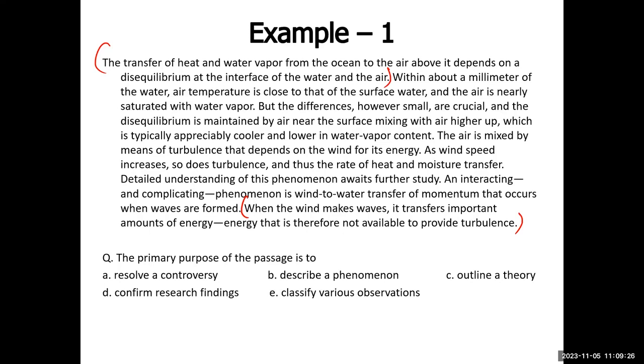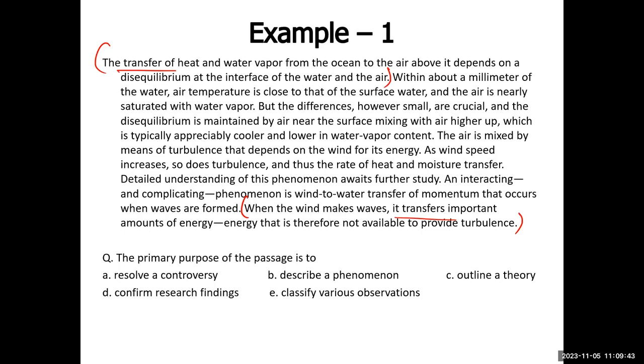So I think he's discussing transfer, how it happens, what it depends on. These are things that he's discussing. That is the idea that I get from what I have read.